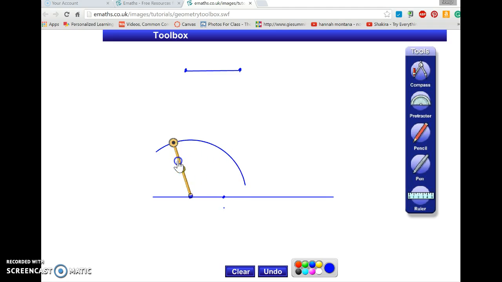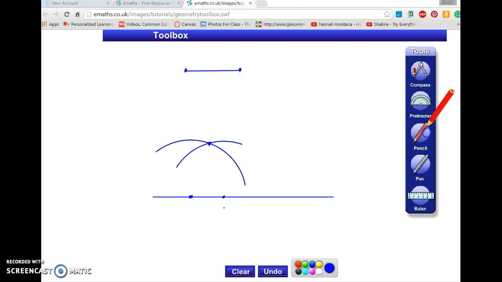I can make the whole circle, but an arc is plenty. Then I'm going to go over here and make myself an arc. And let's see, did I do that right? I think I did. Then when I move it, I have an intersecting point, so I'm going to mark my intersecting point. That's going to be the top of my triangle.